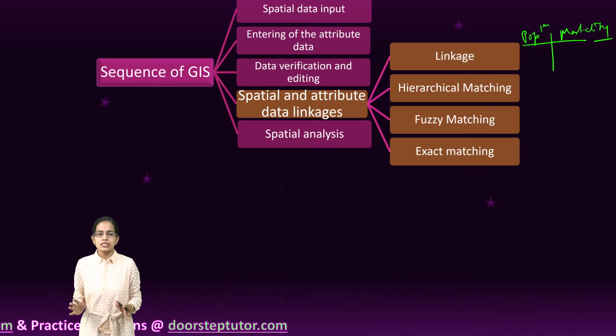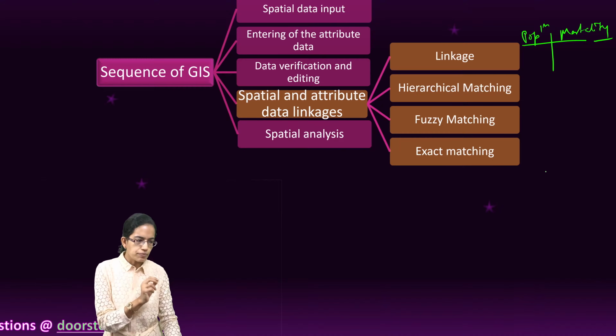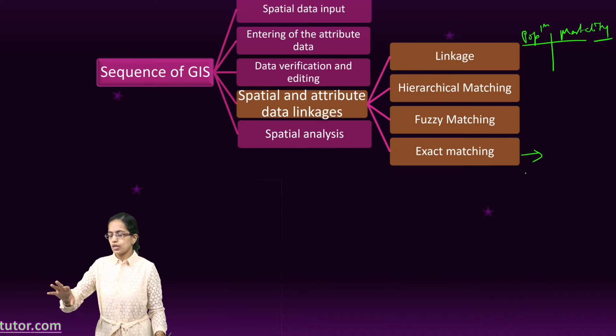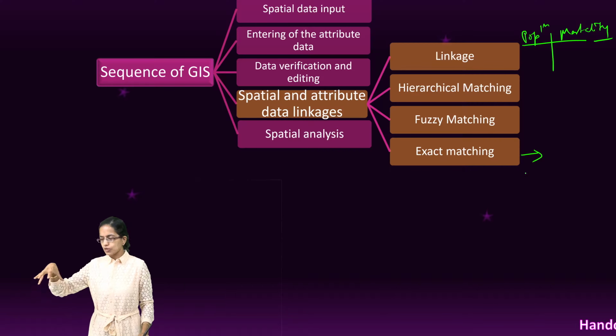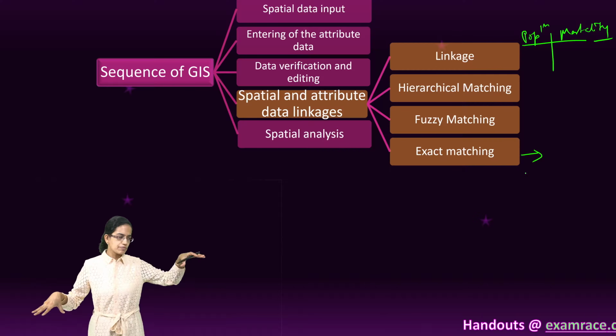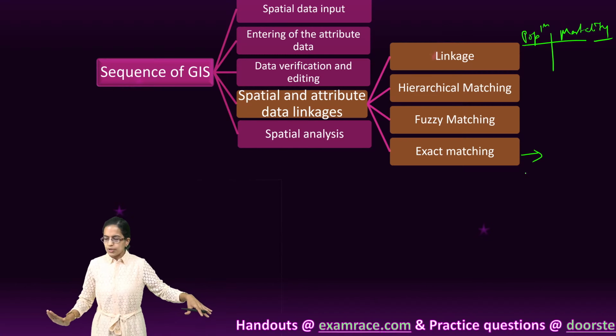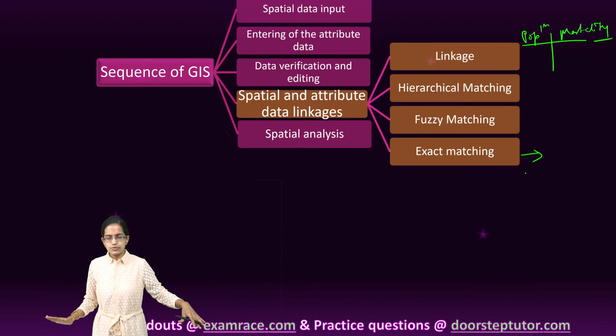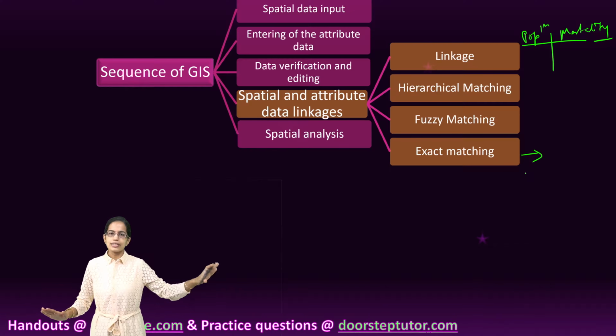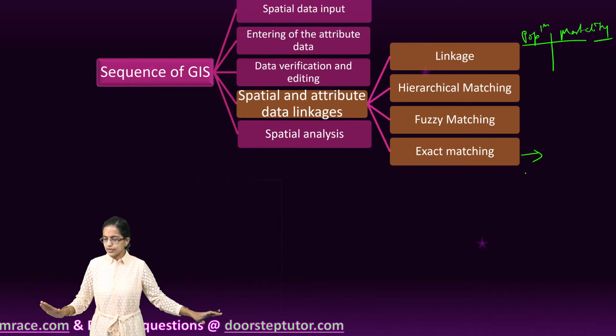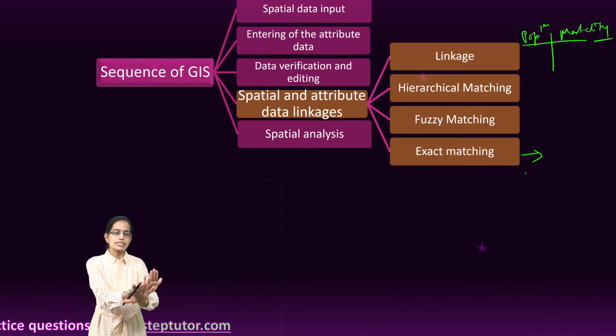Exact matching means you are matching the phenomena exactly. So another simple example, I have information in one computer system and my friend is doing analysis in another computer system. Now the same city names are extracted in my system and his system. So what I can do is bring about an exact matching.